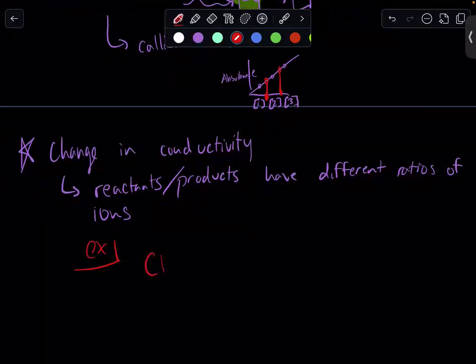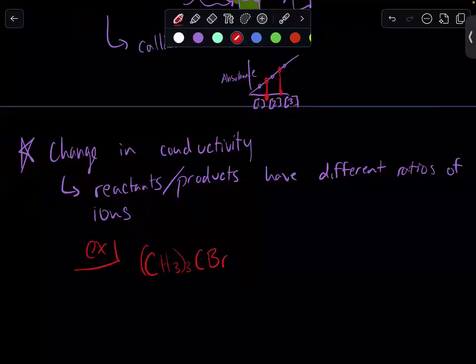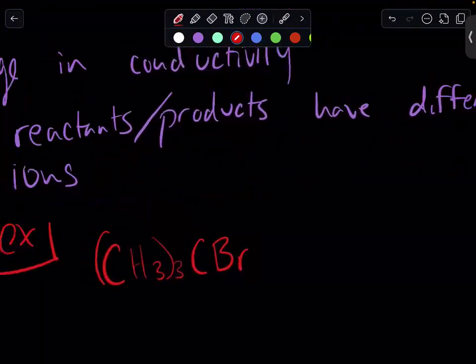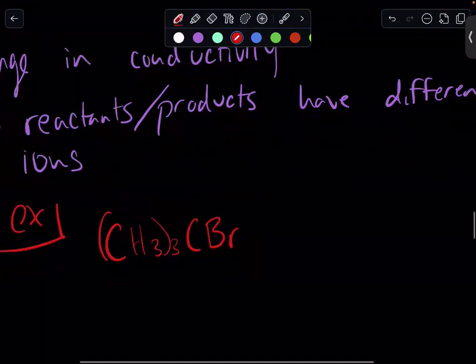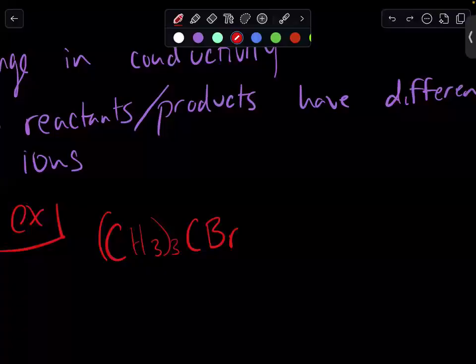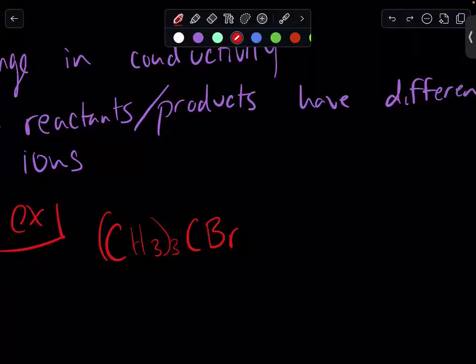So if we look at CH3CBr, so we take like a trimethyl or bromotrimethyl methane, and that is not right. Sorry, a bromomethyl propane, whatever, and we take that and we react it with water.